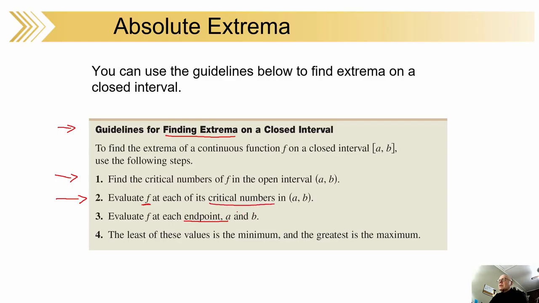All of those are important. So you get a list of function values at the critical numbers, function values at the endpoints, and then you'll just breeze through them visually: which one's the highest, which one's the lowest. That part is easy. Actually, it's not too bad anyway.